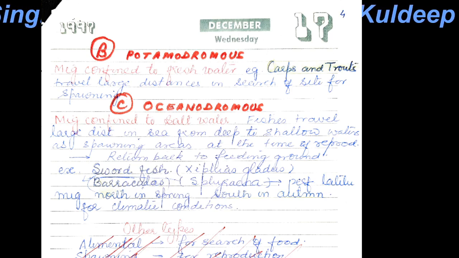Then we have another kind of migration exhibited by the fishes, and this is oceanodromous. This migration is confined to salt water. The fishes travel large distances in the sea itself from deep to shallow waters as spawning areas at the time of reproduction, or from shallow to deep waters, and return back to their feeding grounds.